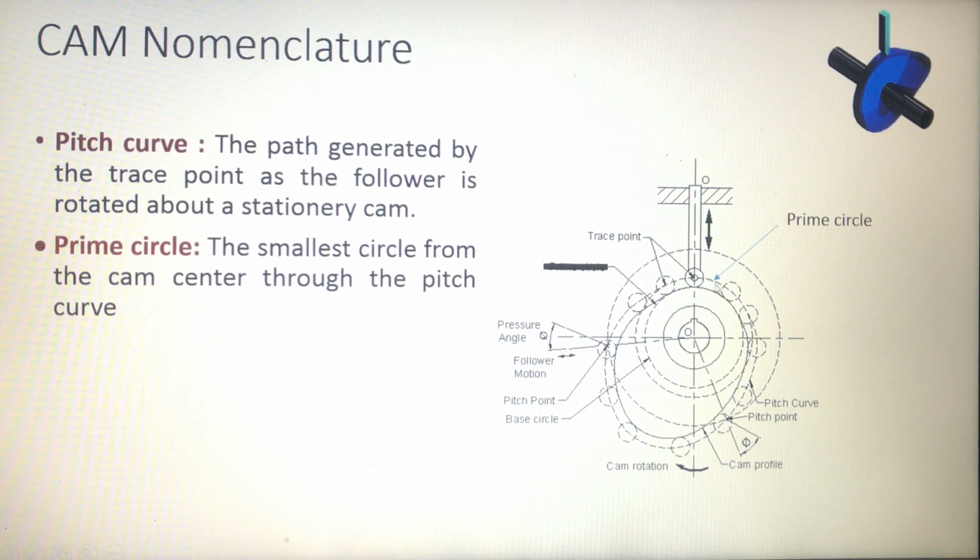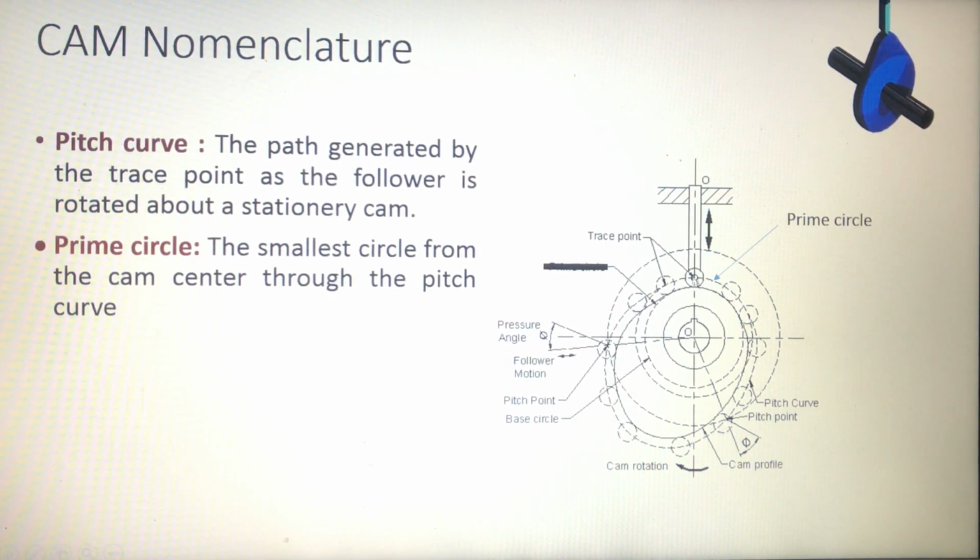If we consider the minimum radius of the pitch curve from the center of the shaft and draw a circle, then that circle becomes the prime circle.